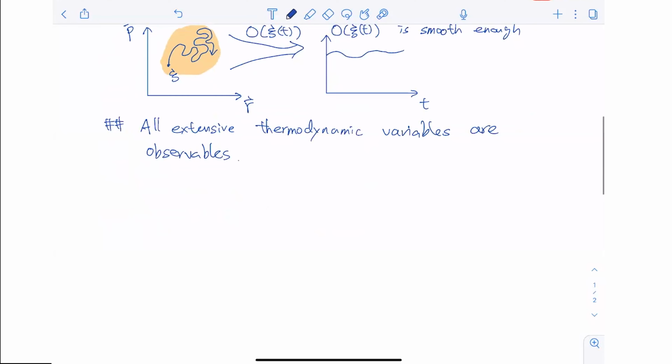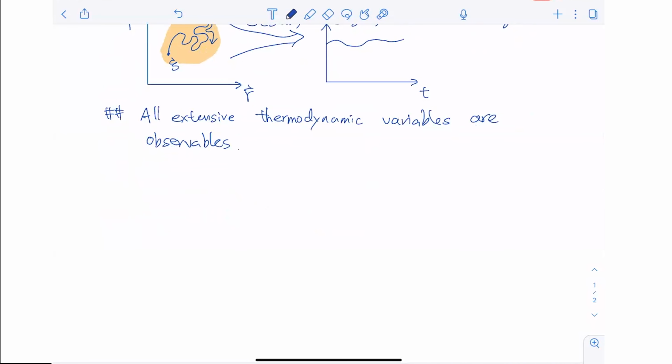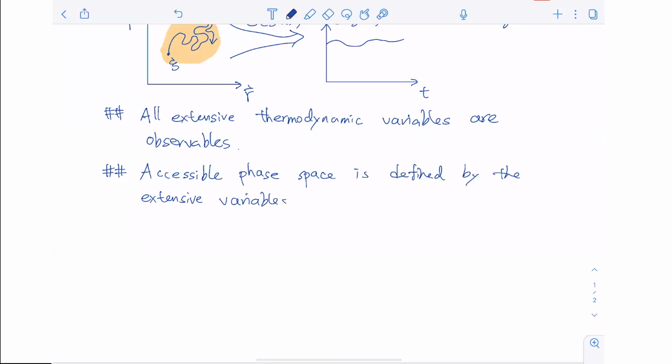Okay. So once we have this structure, we are able to define what we mean by accessible phase space. Basically, accessible phase space is defined by those extensive variables, which are observables.